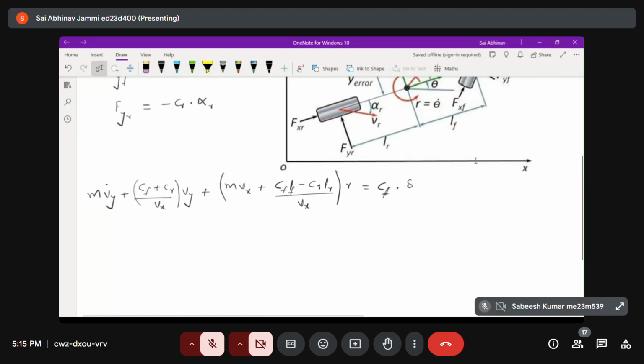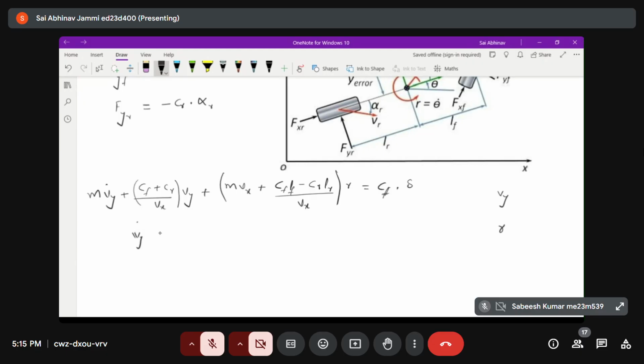Okay. So I'll convert this to easily write the state space form. My states will be Vy, that is one of the states, and the other will be R. R is, as I told you, the yaw rate. So I'll use Vy and R as my states. Now this equation I can rearrange to get the form.